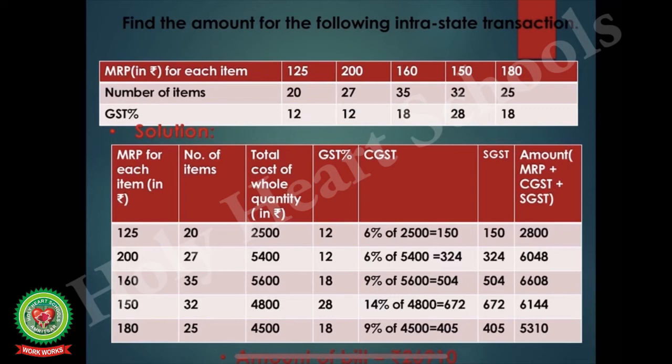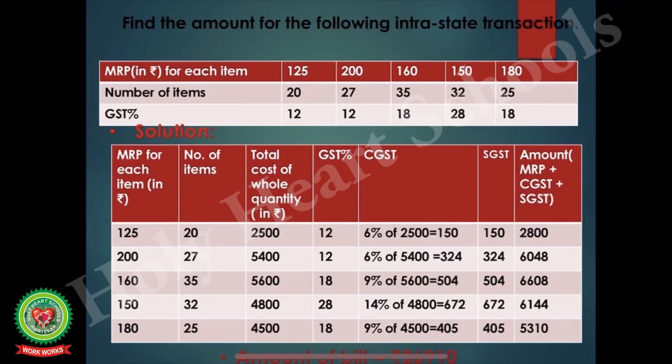That is, we are going to multiply the MRP of each item with the number of items purchased. So we are going to make a table like this one where we have given the headings as MRP for each item in rupees, number of items, total cost of whole quantity in rupees, GST percent. Now as this is a case of intrastate transaction, we have written the columns as CGST and SGST, because for the intrastate transaction we are going to calculate CGST and SGST.